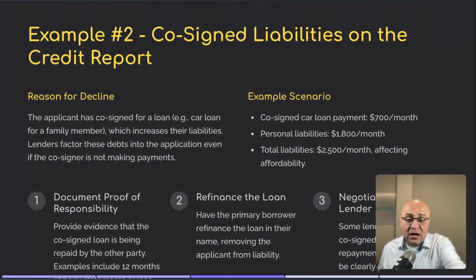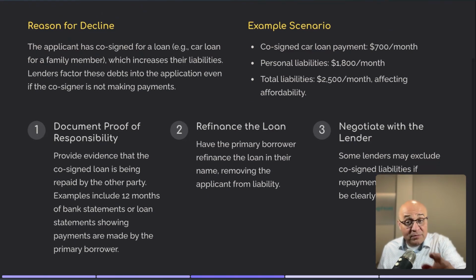So how can we overcome this? Sometimes you show a document that shows the person is just a guarantor, and you can show somehow that the payments are not being made by the applicant.